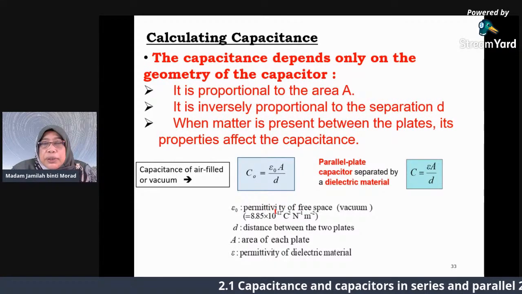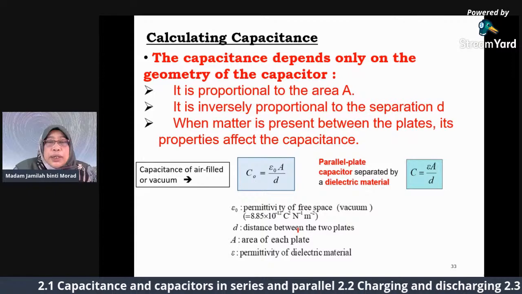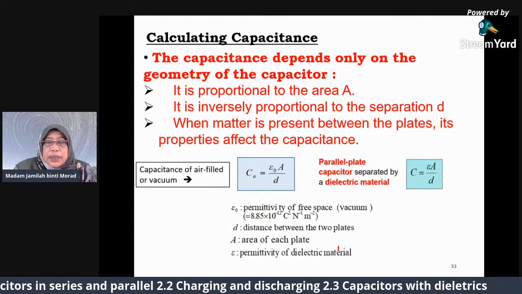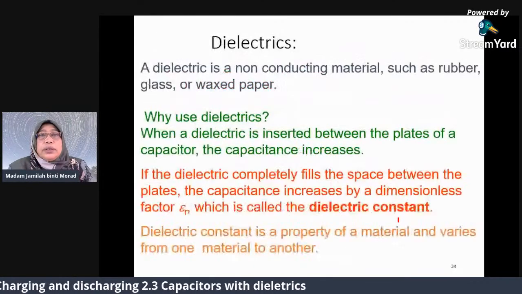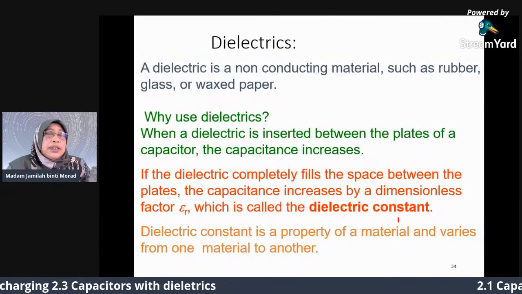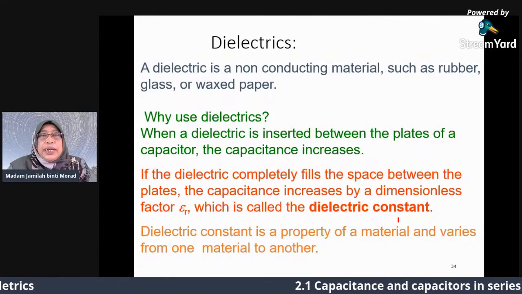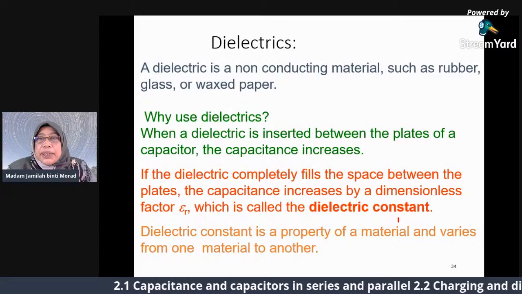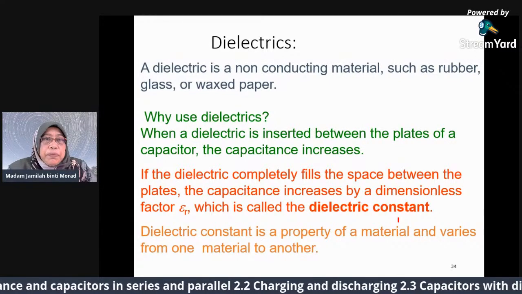Epsilon naught refers to the permittivity of free space, vacuum, D is the distance between the two plates, A is the area of each plate, and epsilon is the permittivity of the dielectric material. Here is what is meant by dielectric. A dielectric is an insulator or non-conducting material such as rubber, glass, paper, and so on.